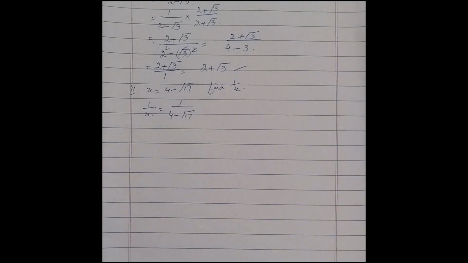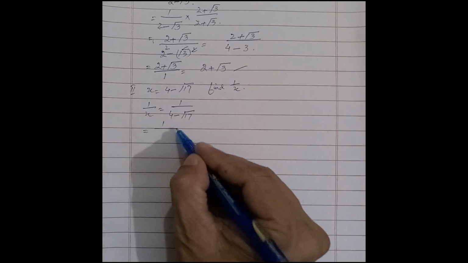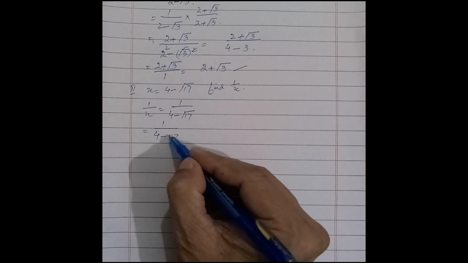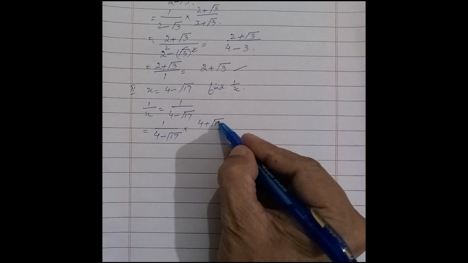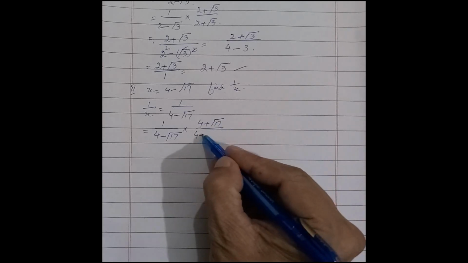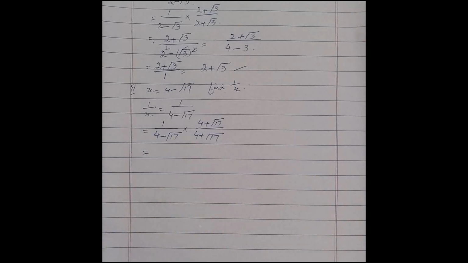And now we solve them, or you can say rationalize the denominator by applying the conjugate of the value. We have 1 over 4 minus square root 17 multiplied by 4 plus square root 17 over 4 plus square root 17. Now we simplify it.